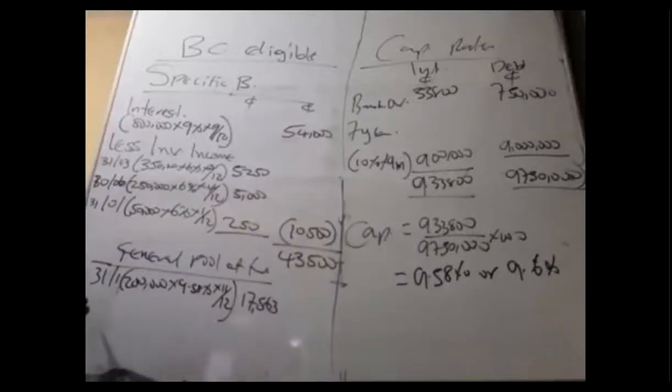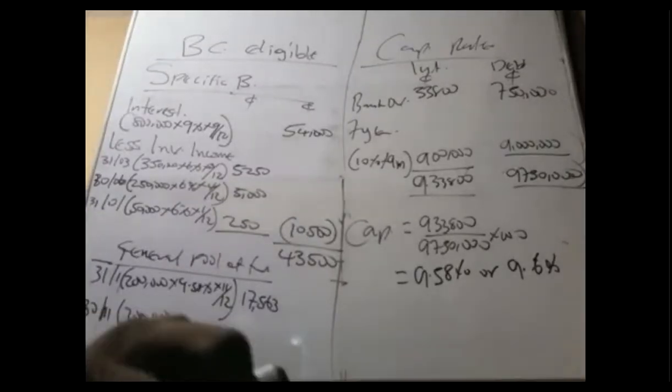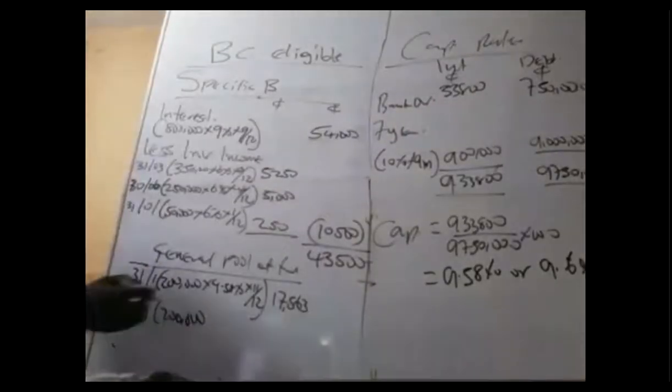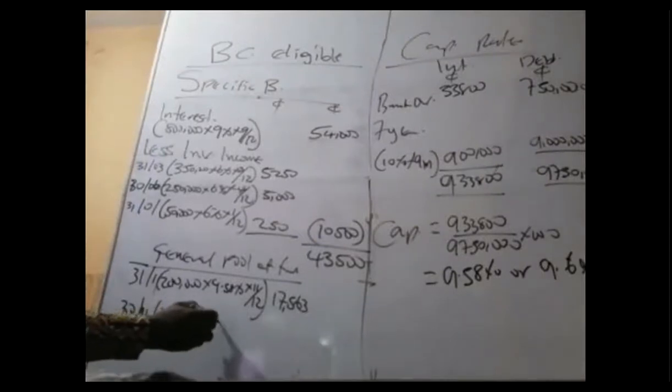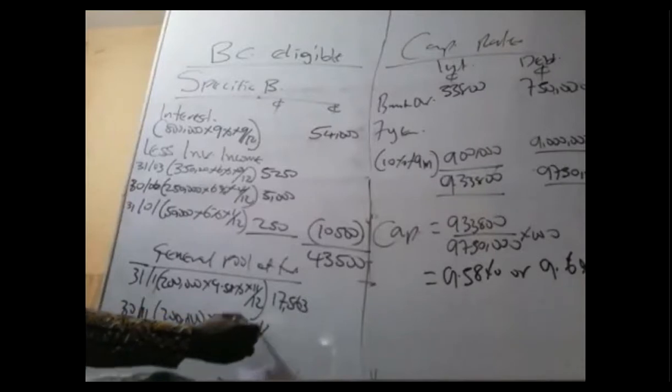So again, we come here, 30th November. So that one too, it will be 200,000 multiplying the 9.58% times 1 out of 12.